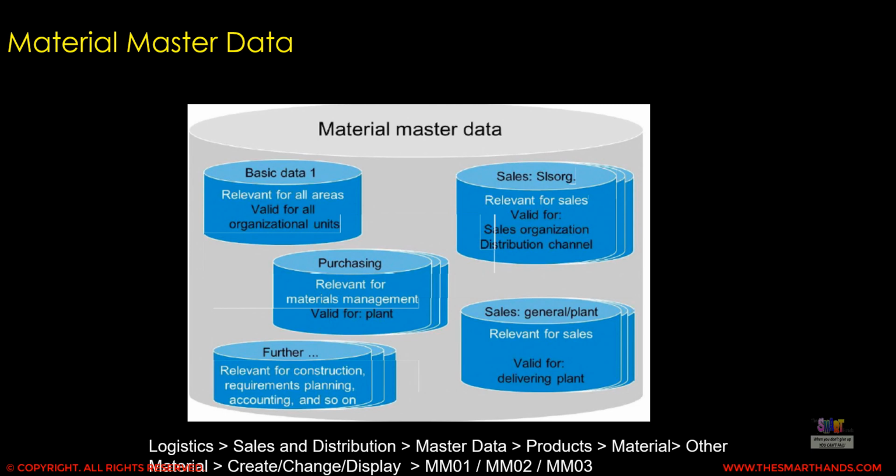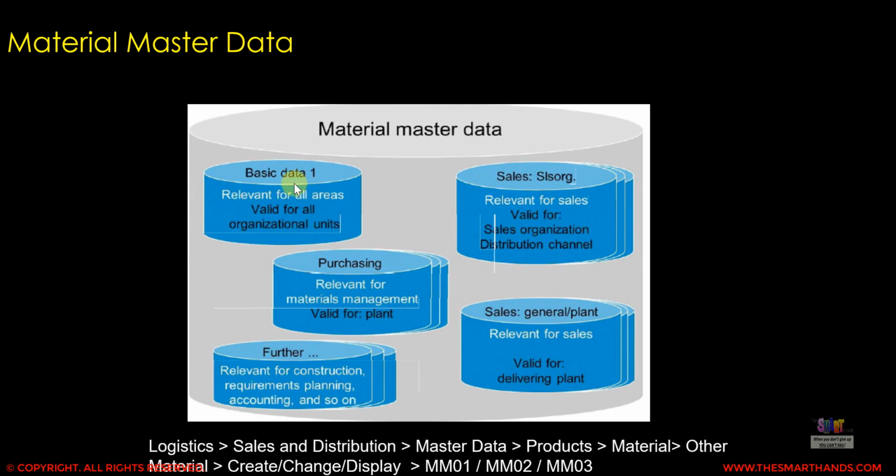So basically what we do is we maintain all the different department data within the same material code. Now from the SD point of view, we'll be maintaining the data that is only relevant to us from the sales perspective, but there's a lot of other data that can be maintained within the same material master record.